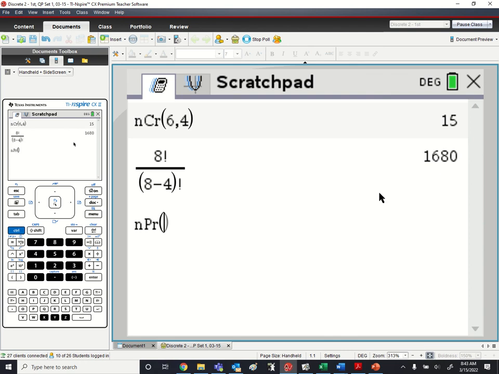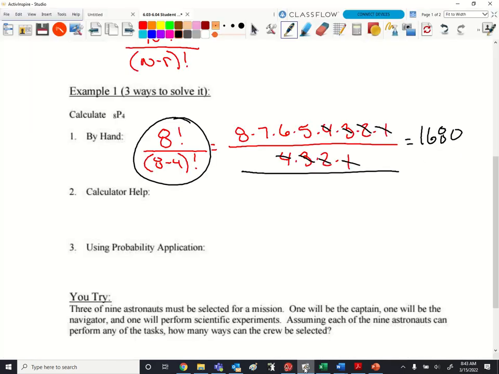Now, entering it. This is also another piece right here. How do I have to enter it? 8, 4, because it's supposed to be n, r.